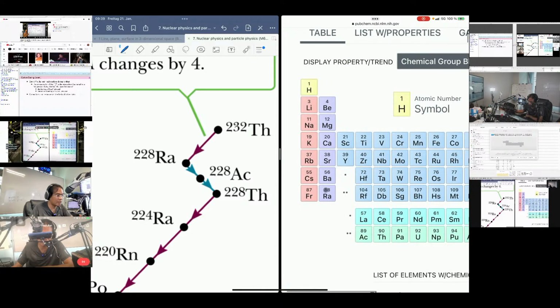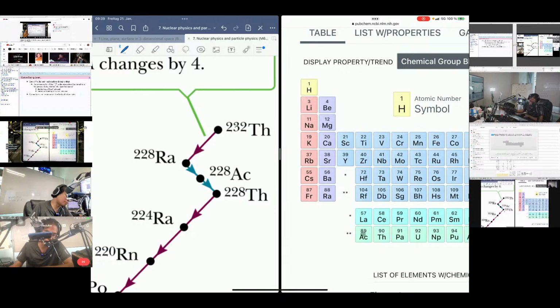Once the time goes by, actinium, which has 228 nucleons inside the nucleus, has one of its neutrons turn into a proton. So from 89 we get 1 more proton, we get 90 protons. Now the element changes itself to thorium-228.